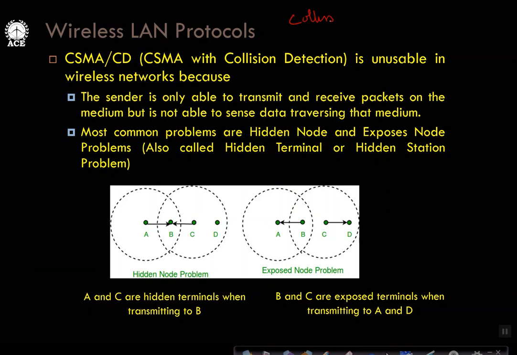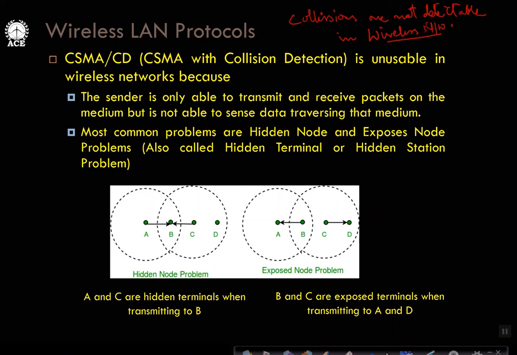Collisions are not detectable in wireless networks. Why? Because the return signal becomes very faint or feeble for the transmitter to detect whether it has been successfully received or not. So I cannot use the CSMA/CD protocol for dealing with transmission in wireless mode.